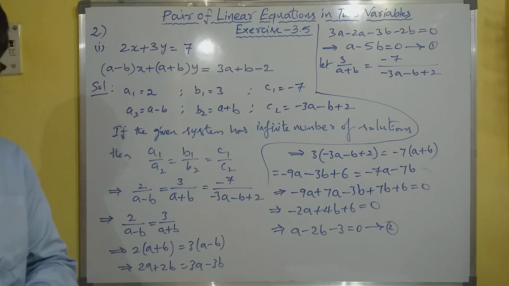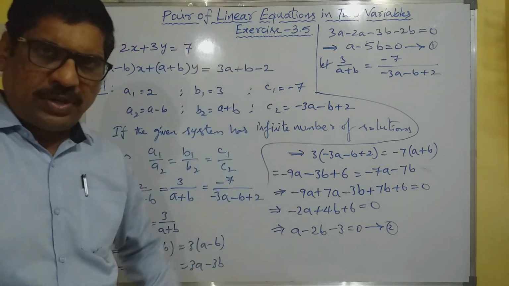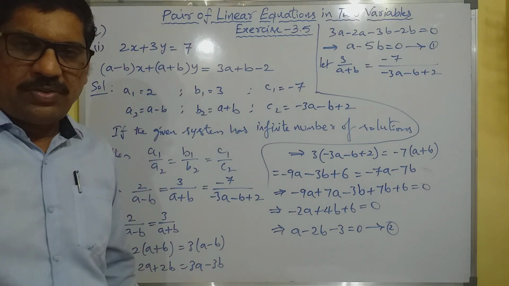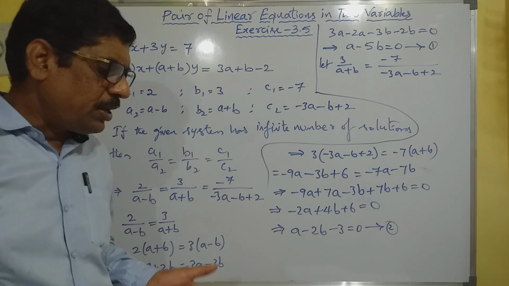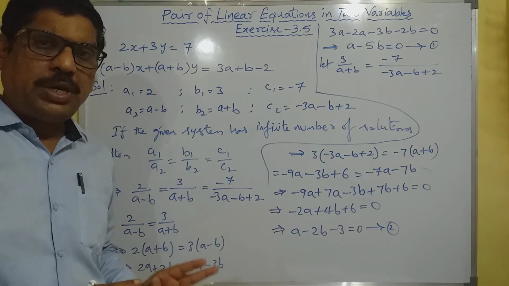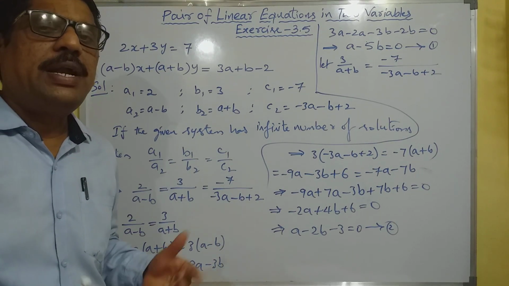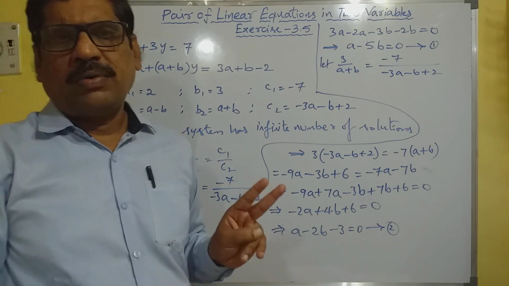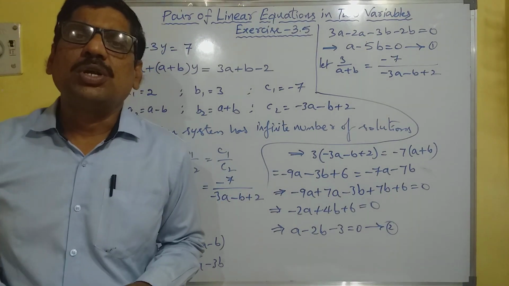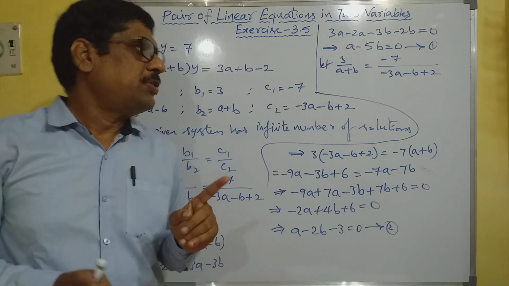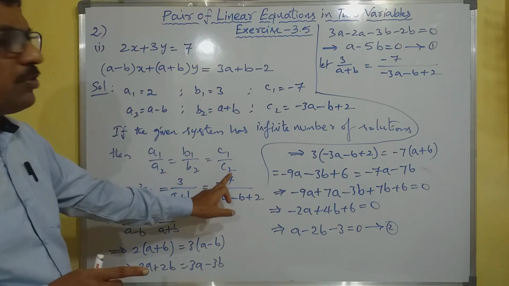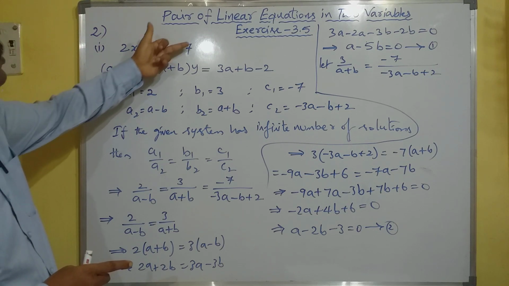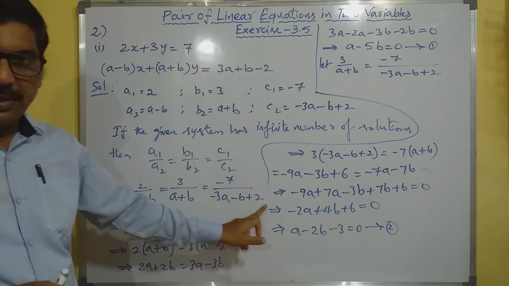Okay, so let us discuss all these steps once again. Here two equations are given, and it is also given that the two equations have infinitely many solutions. Whenever a pair of linear equations has infinitely many solutions, we can say that A1 by A2 is equal to B1 by B2 is equal to C1 by C2. That's why we equated them like this.